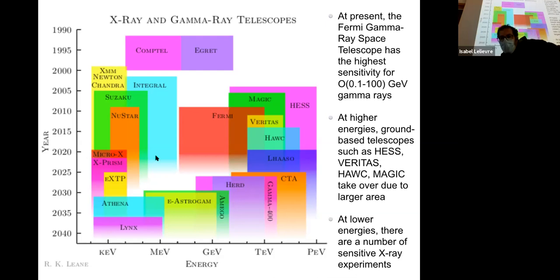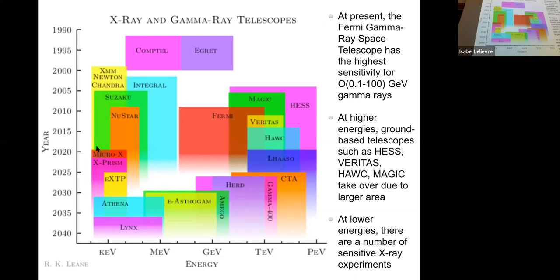We are here over in 2020. I think this review was written in 2019 or 2020, so some of these are a little optimistic. Like MicroX has had its first flight, but hasn't done a dark matter search yet. But this is basically where we are. So in the present day, the landscape is that at relatively low energies at the keV to MeV scale, there are a lot of competing X-ray telescopes.